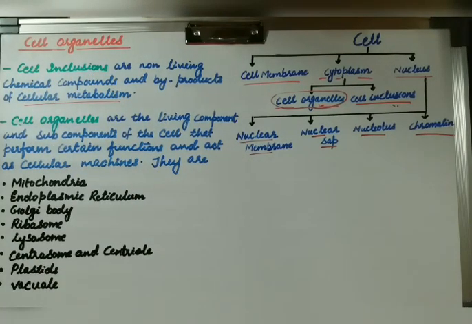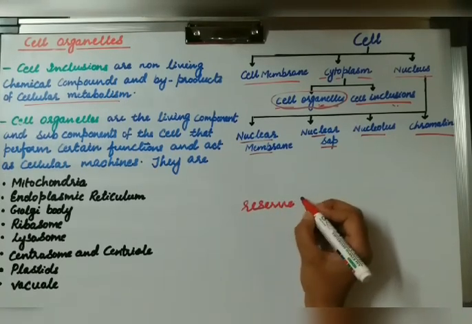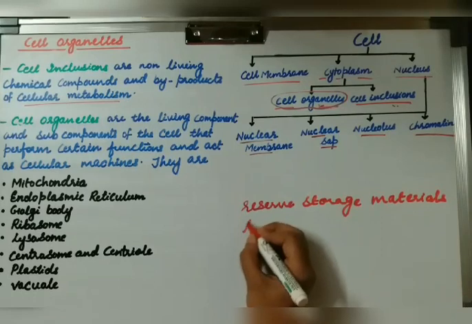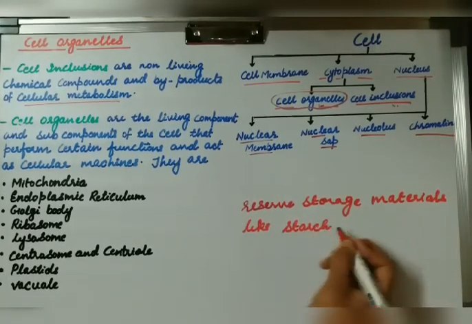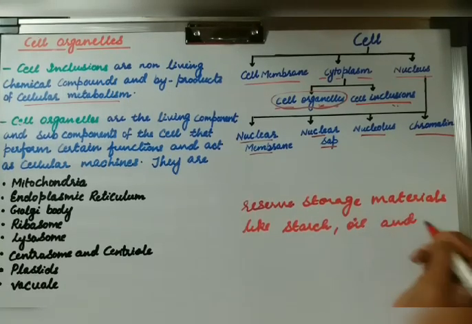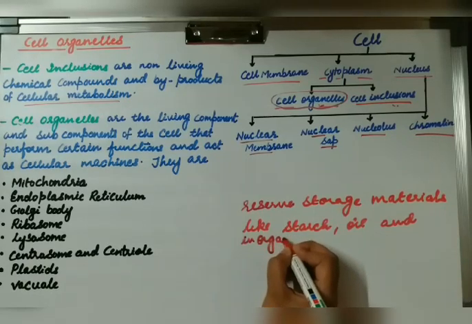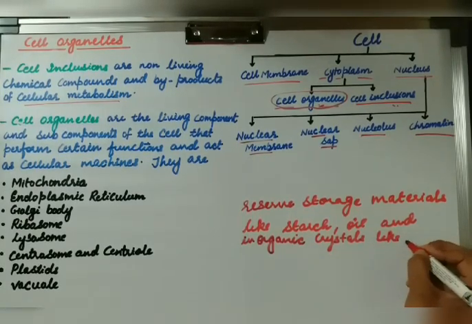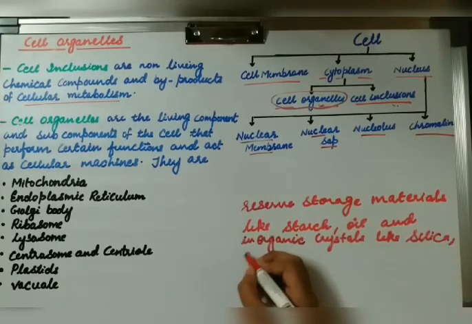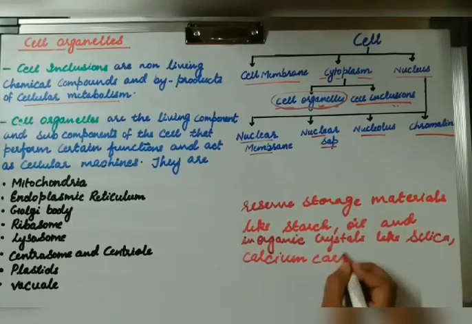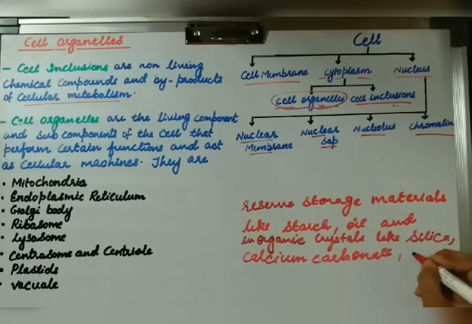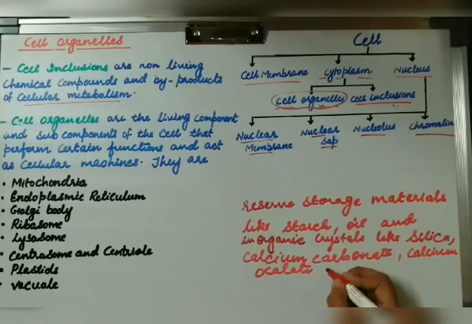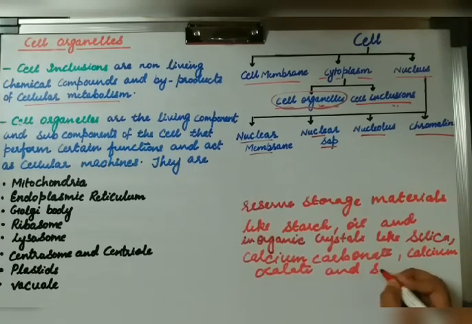For example, they include reserve storage materials like your starch, oil, and as well as inorganic crystals like your silica, calcium carbonate, calcium oxalate, and many more, as well as certain secretory granules also.